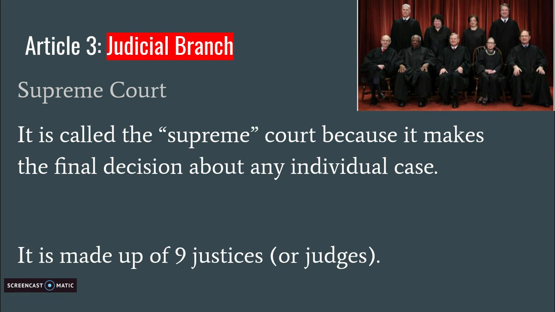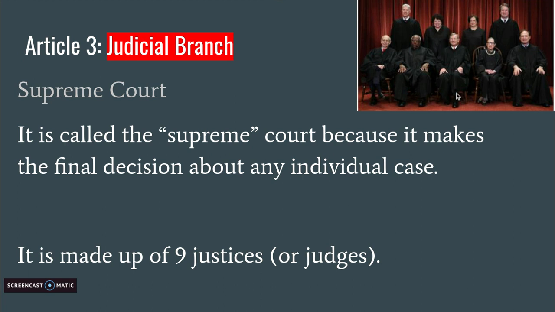So the Supreme Court has a lot of responsibility when making decisions because they are the final decision makers. And the Supreme Court is made up of 9 justices. Justices are the judges. So if you look at the photo on the page, those are the 9 current justices of the Supreme Court.